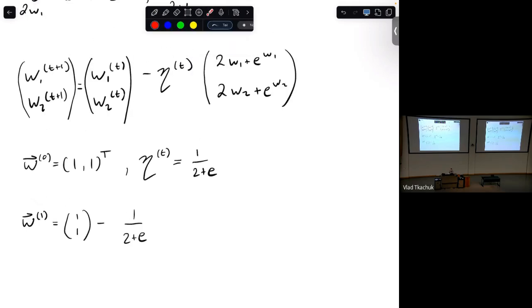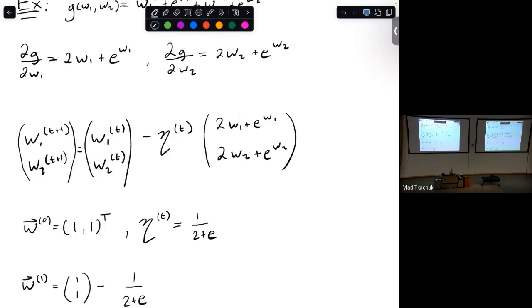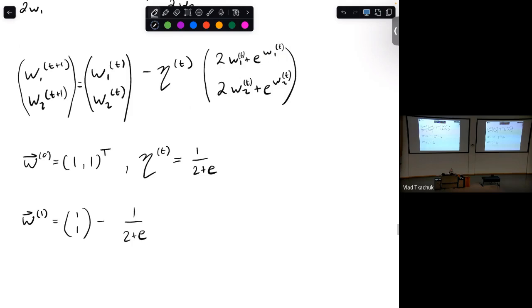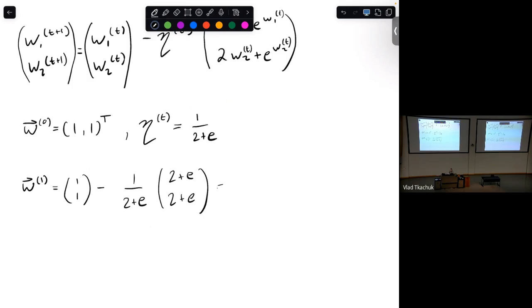And then you plug in W1 equal to 1 here, and W2, of course, W1 at time step t and W2 at time step t. So for W0, these were 1, this is 1, this is 1. You plug those in, you get this vector. And if you do this calculation, you will see that this is the 0 vector.